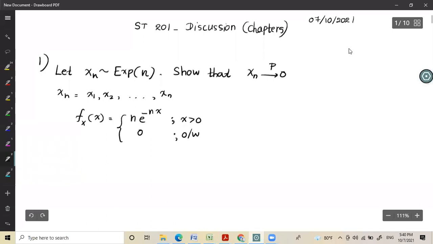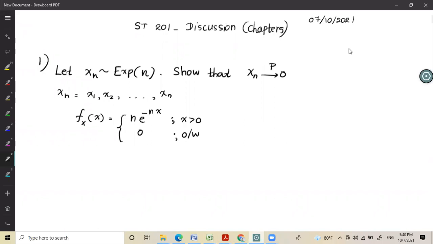Now in examinations, we provide the PDFs of whatever distributions you will need. You may have seen that in most of the ST201 exam papers, at the end of the last question, you will see a small table with some probability distributions.